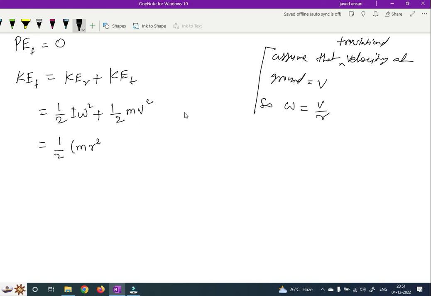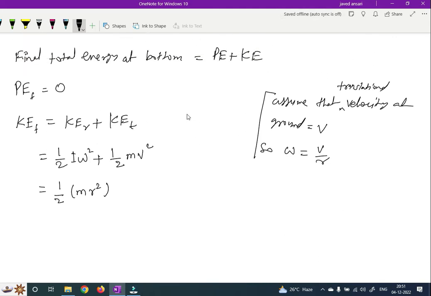It will be half mr square, assuming r is the radius of the cylinder. See, in the problem the radius is not given. So what you can guess is that r will finally vanish in the final result.